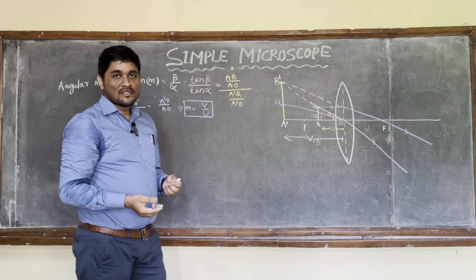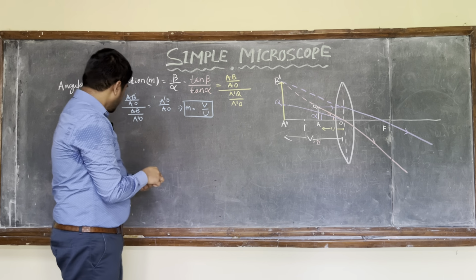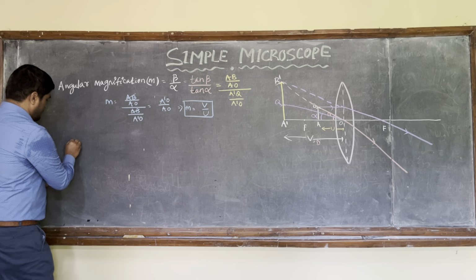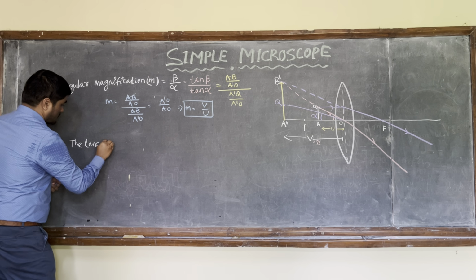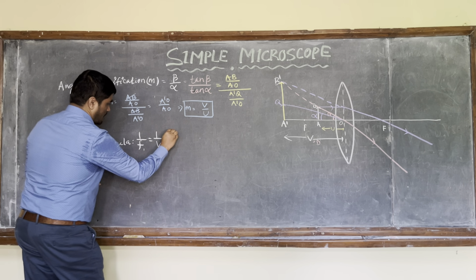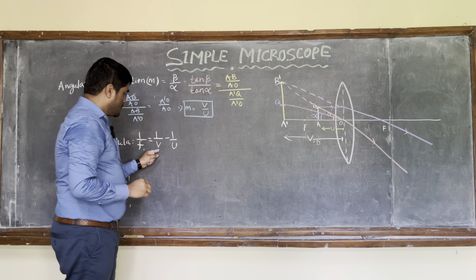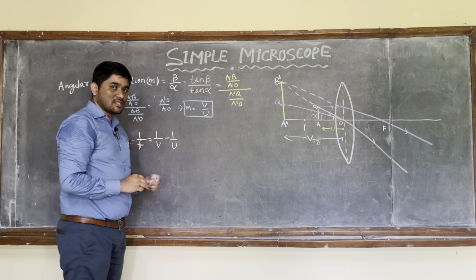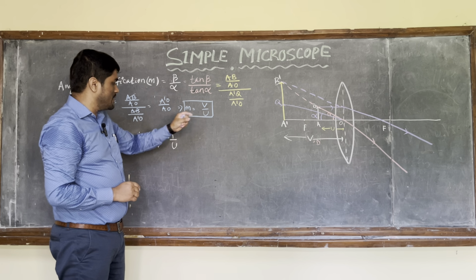Then we know the lens formula. The lens formula is 1 divided by f equals 1 divided by v minus 1 divided by u, where f is the focal length, v is the image distance, and u is the object distance, and you have to find v divided by u.